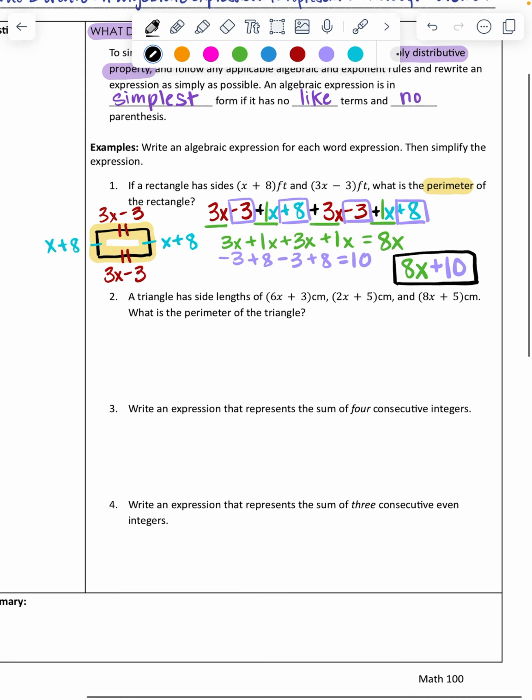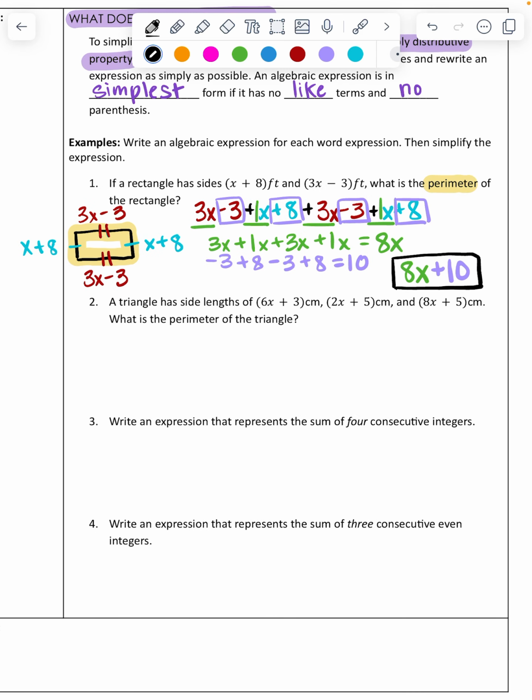Number 2, a triangle has side lengths of 6x plus 3, 2x plus 5, and 8x plus 5. What is the perimeter of the triangle? So again, let's draw out a triangle and label the sides. I'll make this side 6x plus 3. This side can be 2x plus 5.